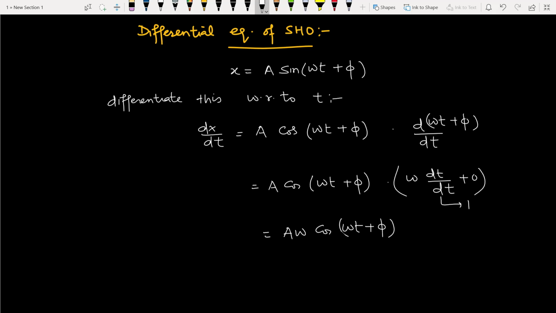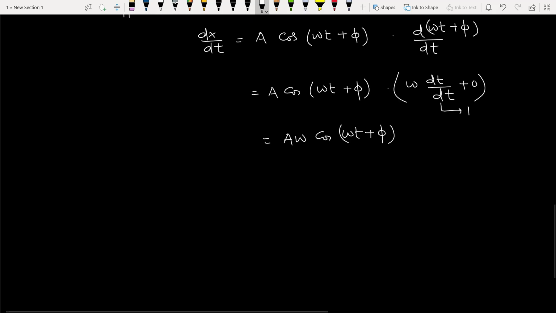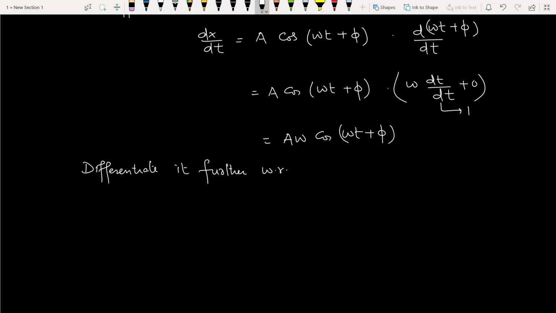We again differentiate it with respect to time. So this is the first derivative. When we differentiate it further, we will get the second derivative.